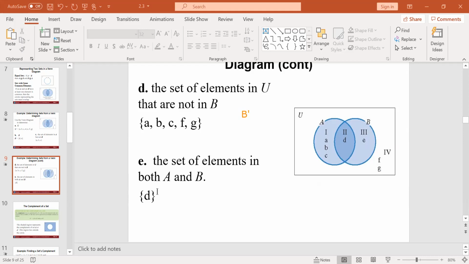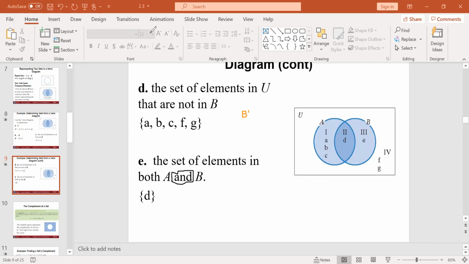Finally, the set of elements in both A and B. Well, the only thing that is in both A and B is the lowercase d. That's what they share. So the word "and" is kind of a key word here.